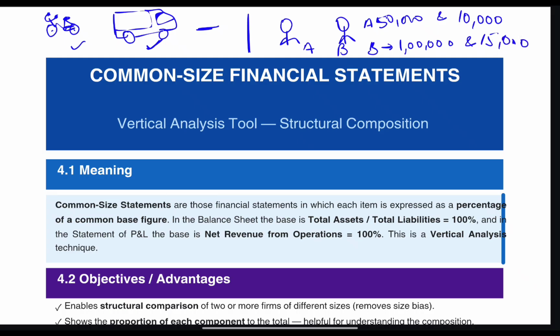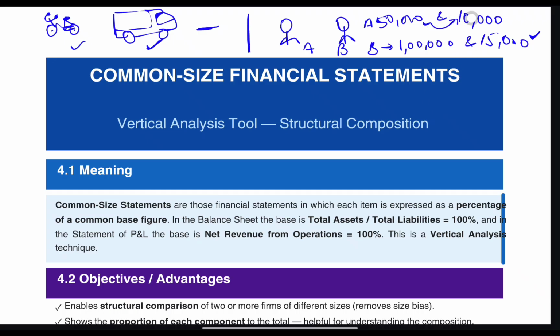Now tell me, who manages money better? Firstly, you will think that B is saving more, so B is managing money better, but this is not the correct option. Why? Let's see the percentage, that A is earning 50,000 and what percentage he is saving.